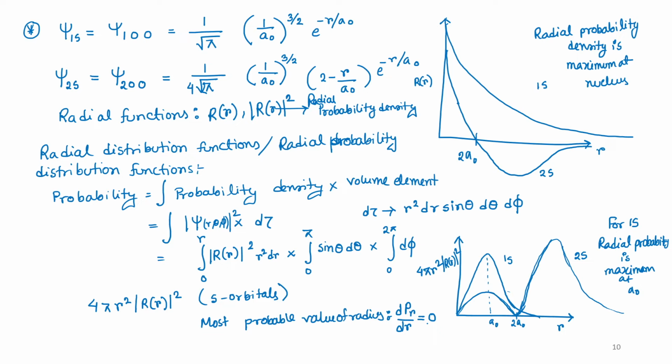So at that point it will have either maxima or minima, an inflection point you will get, and you will get your most probable value of your radius.